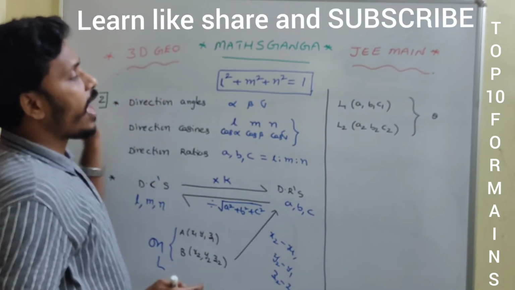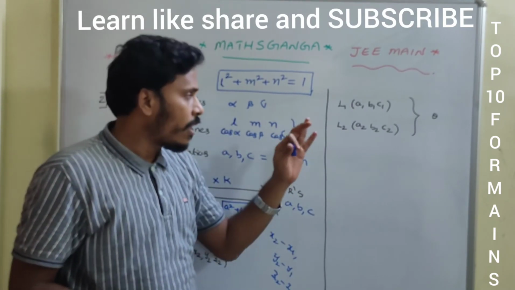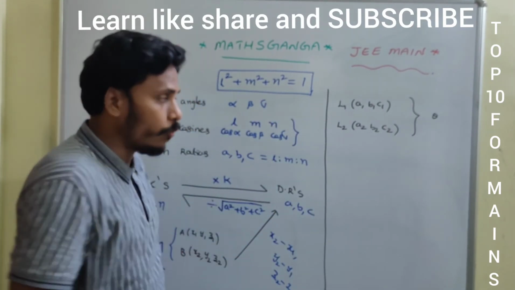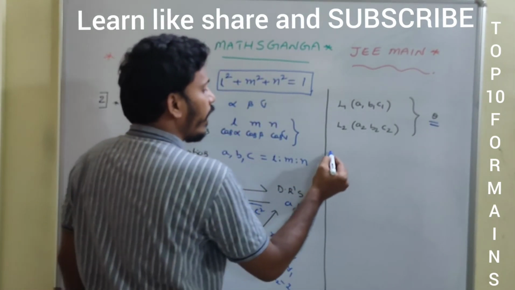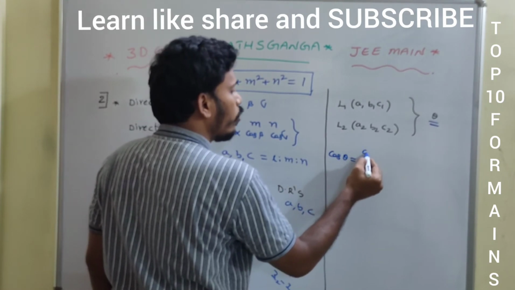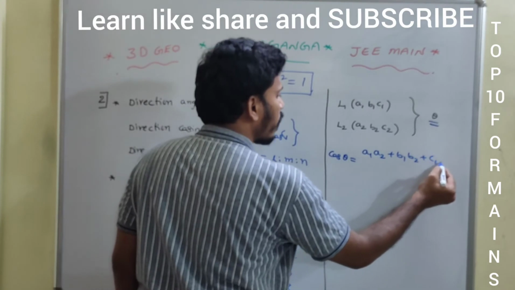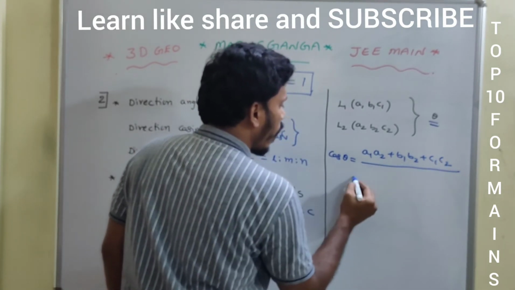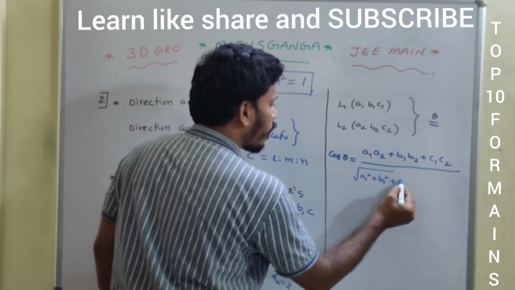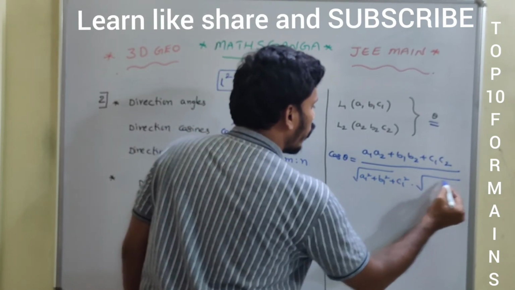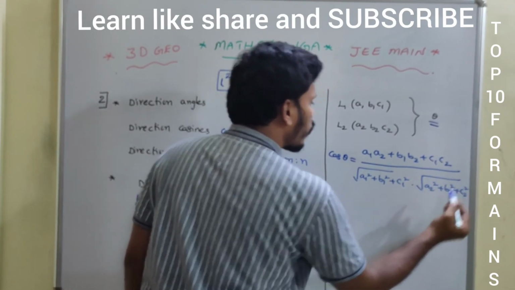Okay, and I have two lines L1 and L2. Line 1 has DRs A1, B1, C1. Line 2 has DRs A2, B2, C2. Here theta is the angle between those two lines. Then cos theta is given by the rule: A1 A2 plus B1 B2 plus C1 C2 divided by the root of A1 square plus B1 square plus C1 square into the root of A2 square plus B2 square plus C2 square.